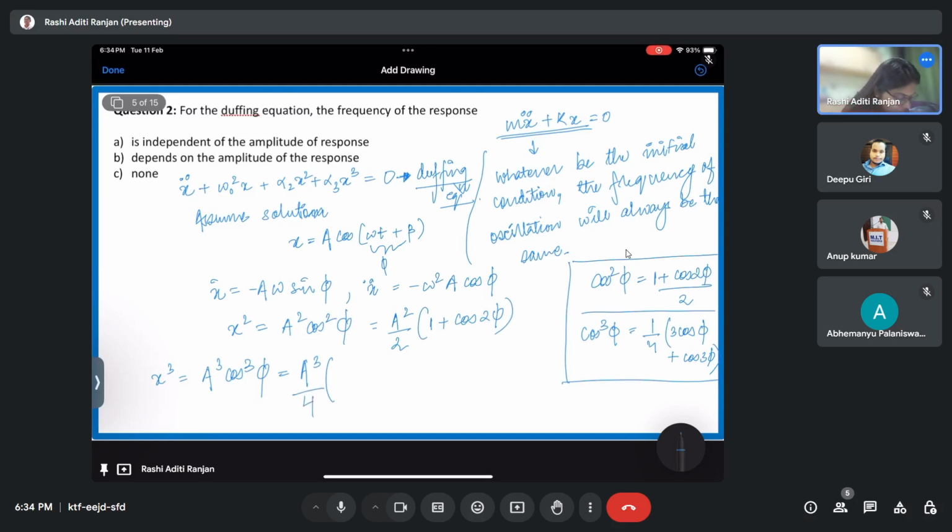So A cube by 4, (3 cos phi plus cos 3 phi). Okay. Now I'll use these, putting this in the main equation. Let us call it equation 1.